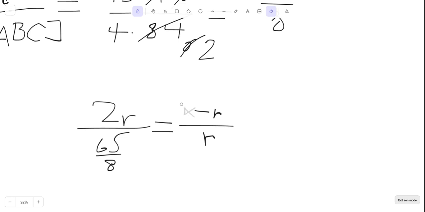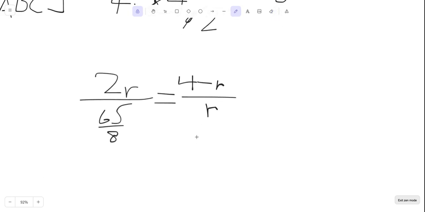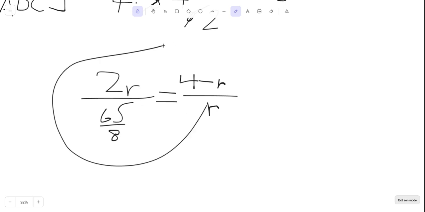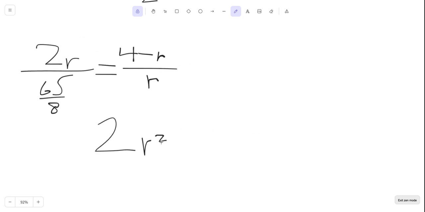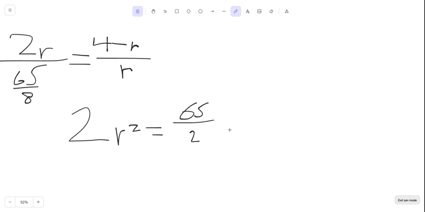We're using really risky variables here, but now that we have it, we have only R here, which is a very good thing because now we can really just solve for R. Okay, cross multiply or however you want. Do the algebra. Cross multiply these, 65 eighths times 4 minus 65 eighths r.